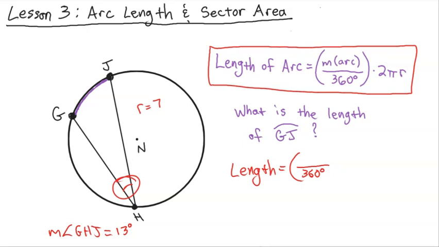Well, we know that this angle right here is 13 degrees. And we know that an inscribed angle is half of the arc that it intercepts. Or we can say that the arc is double the inscribed angle. Well, if this is a 13-degree angle, then that means that minor arc GJ is 26 degrees. That's 2 times 13. So we're going to put 26 degrees in our formula.